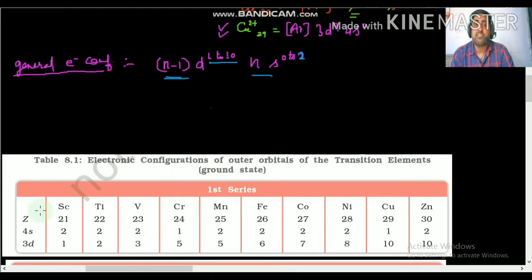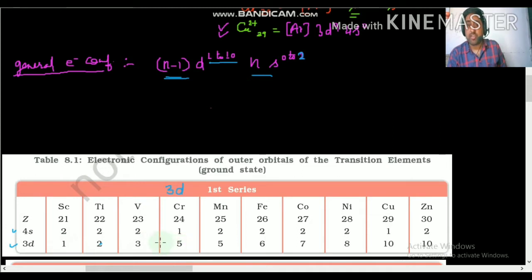This is the first of the d block elements, that is the first series, the 3d series, where all the valence electrons are filled in the 3d subshell. Here you will see this is the row of 4s electrons, and this is the row of 3d electrons, 3d1, 3d2, 3d3.